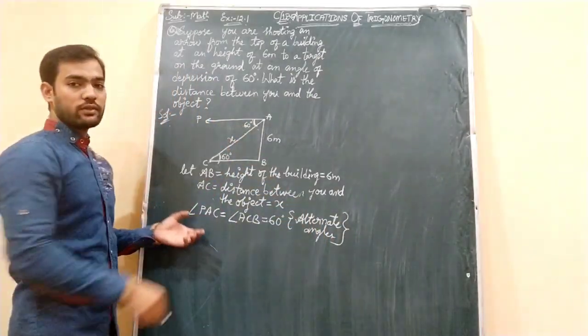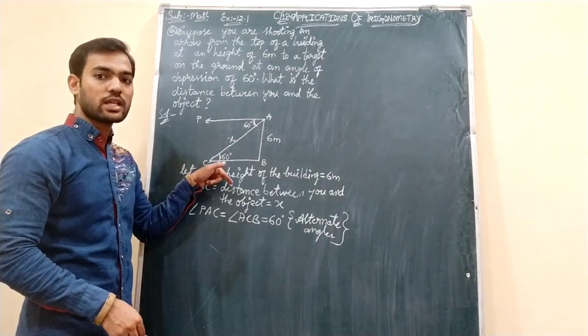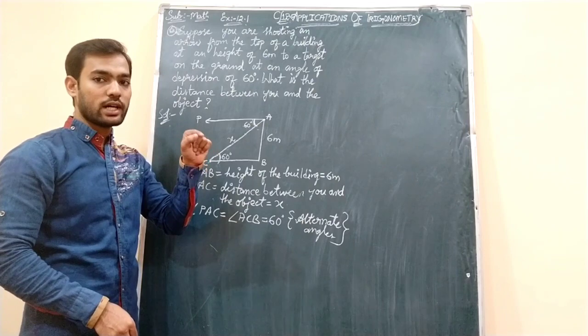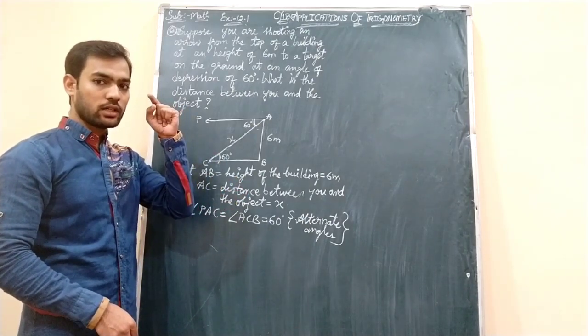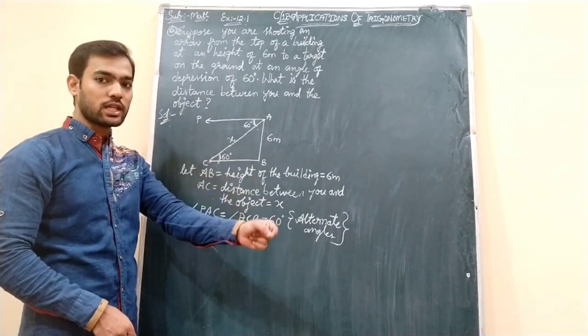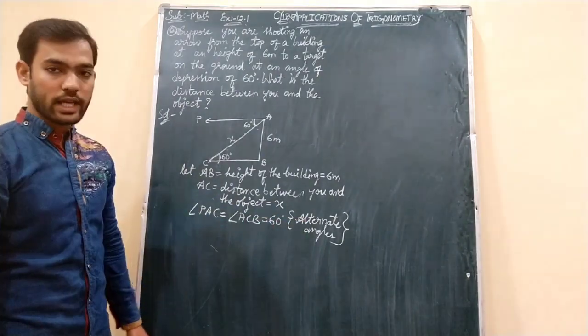If only one angle was there, we would write that angle only. But here, with respect to angle of depression, we are taking angle of elevation is also the same. As I said, when you are standing at the top of a building and you are seeing an object, the angle with your eyes to that object is the same as the angle when you see from that object to your eyes. Okay, so this is 60 degree with respect to alternate angles we have taken.